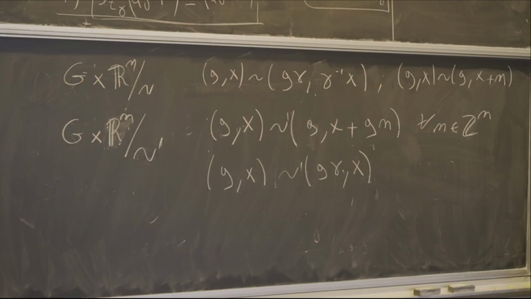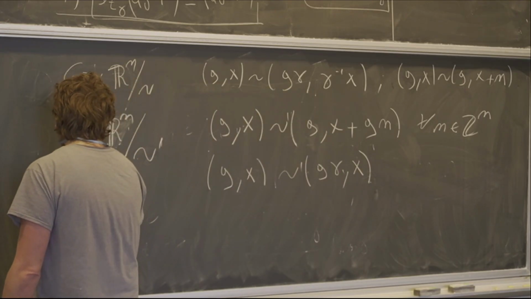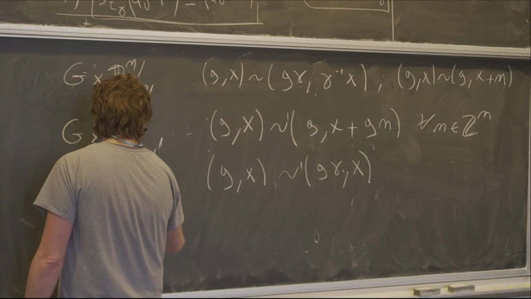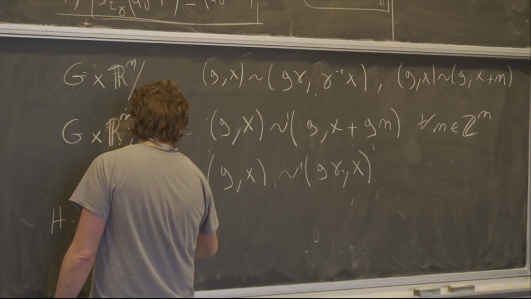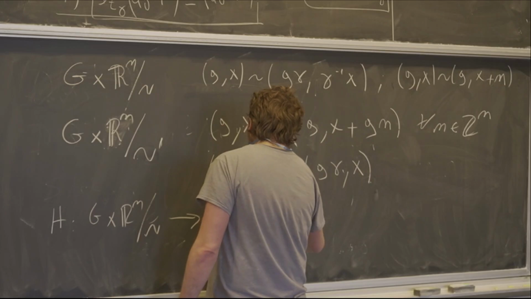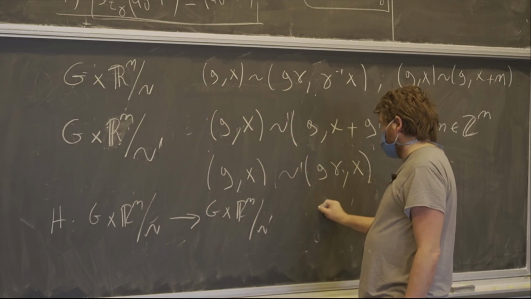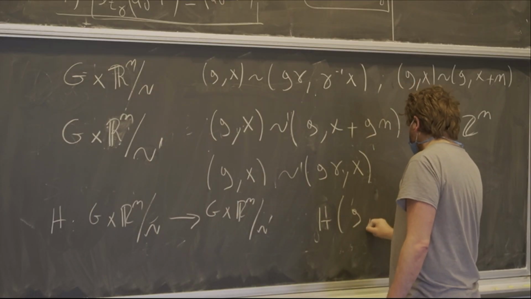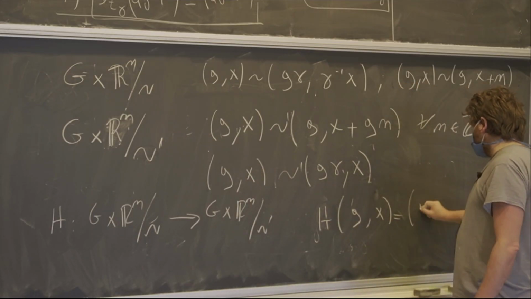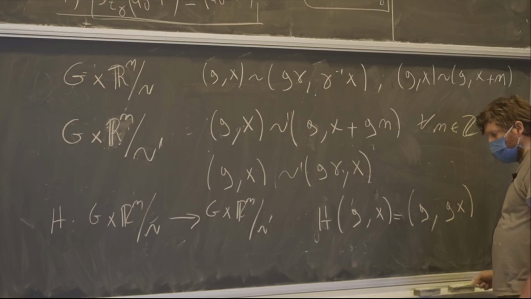Okay, the point is that these two spaces are the same space. Because I have a map H from G times Rn modulo the relation into G times Rn modulo the second relation, which is H of Gx is Gx.